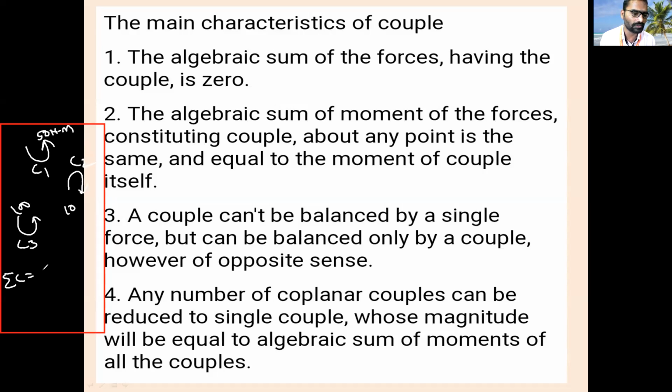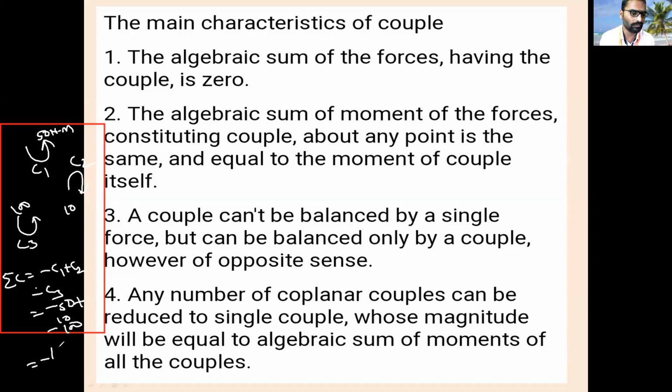C1 is anti-clockwise, so it is minus. C2 is clockwise, so plus C2. C3 is anti-clockwise, so it is also minus C3. So its algebraic sum is minus 50 plus 10 minus 100. How much is it?